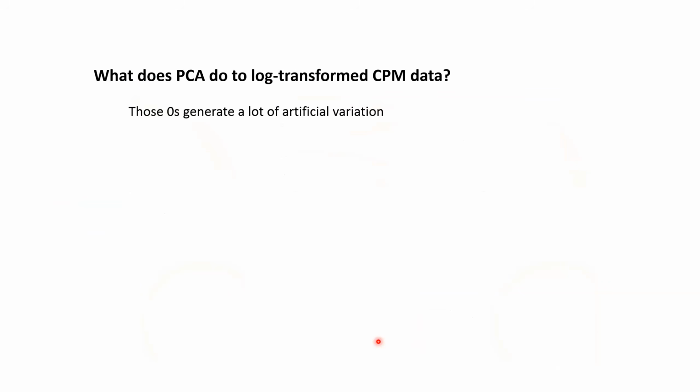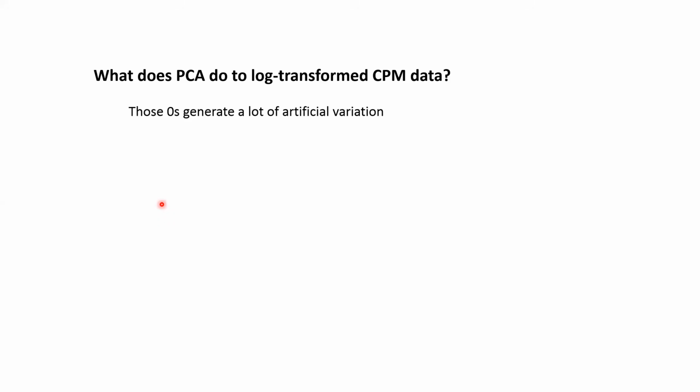Okay. But before we go on into our next segment, let's look at what PCA does to log transformed counts per million normalized data. I've showed you how the zeros in our gene by cell matrix can generate a lot of artificial variation when CPM normalized.